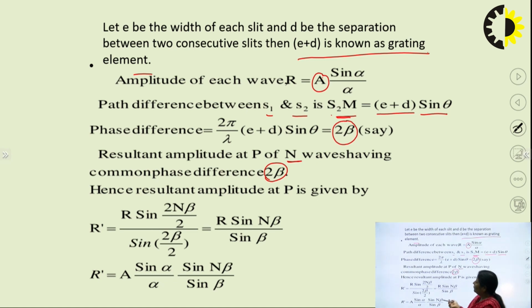All right. So when we write down the resultant amplitude at the point P, which was on the screen, the resultant amplitude comes out to be capital R sine 2 n beta by 2 and then sine 2 beta by 2. And then further simplifying this, we are having capital R sine n beta by sine beta. This is the amplitude due to the n number of slits which were diffracting the beam, and then the diffracted beams were superposing.